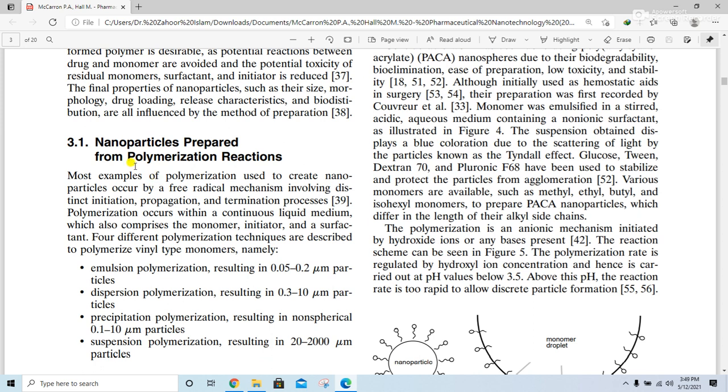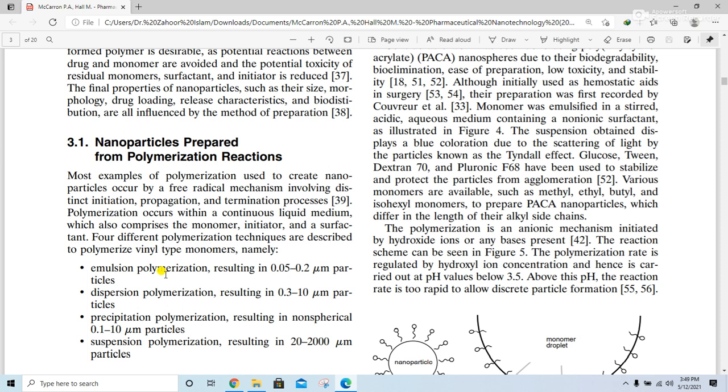Nanoparticles are prepared from a polymerization process. Most examples of polymerization used to create nanoparticles occur by a free-radical mechanism involving distinct initiation, propagation, and termination processes. Polymerization occurs within a continuous liquid medium, which also comprises the monomers, initiators, and surfactants. Four different polymerization techniques are described to polymerize vinyl-type monomers.